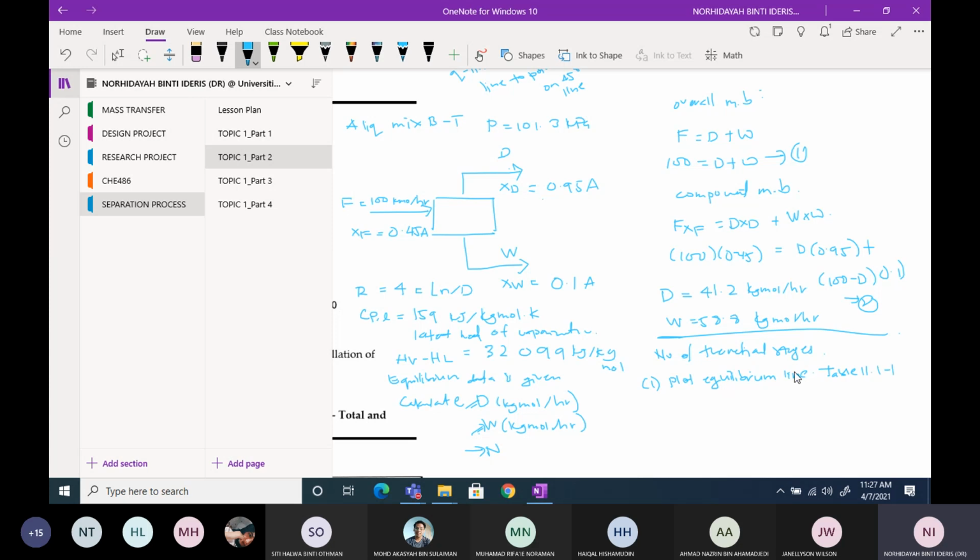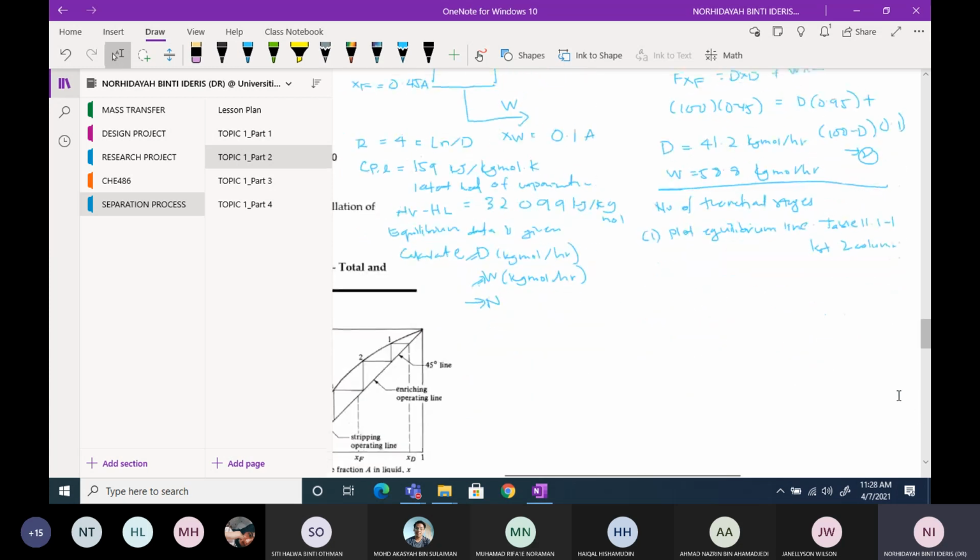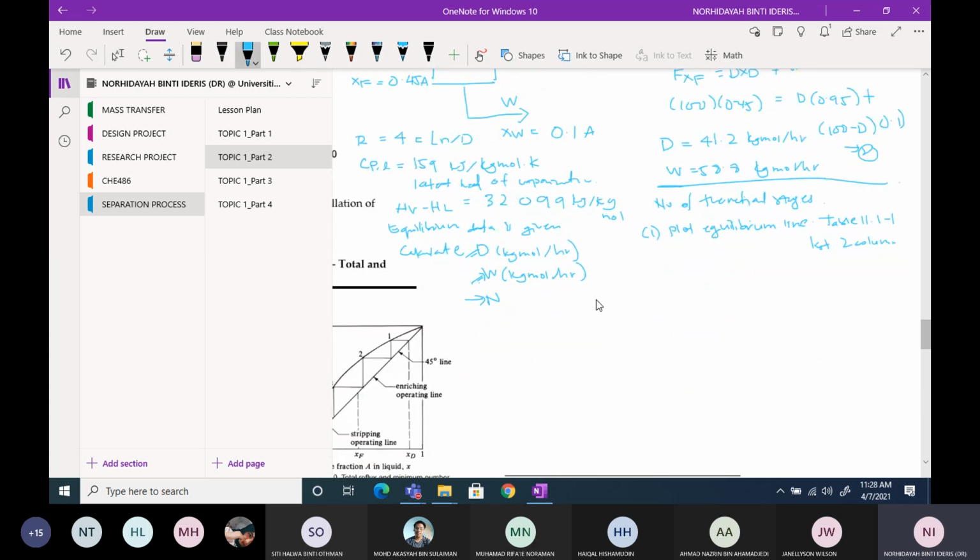If you look at table 11.1-1 inside the book, you focus on the last two columns. There is the mole fraction of the benzene toluene system, XA and YA. So right now boleh plot tak, and then plot tu guna Excel je lah supaya cepat sikit. Can you plot this first one, the first step here? Try plot sekejap.